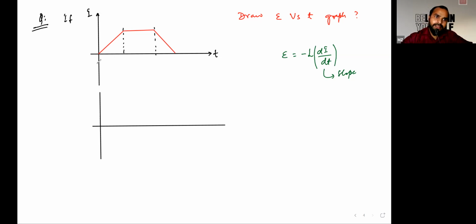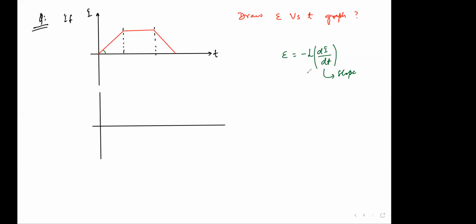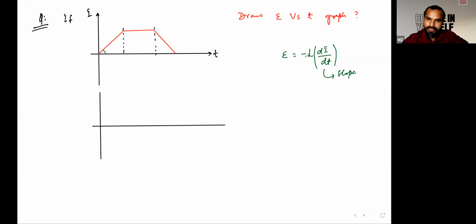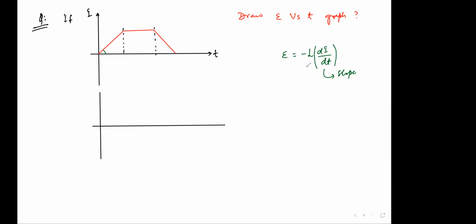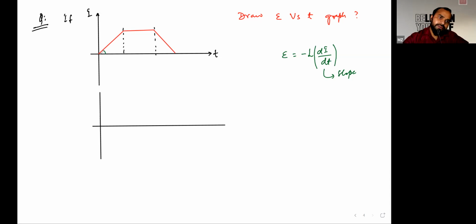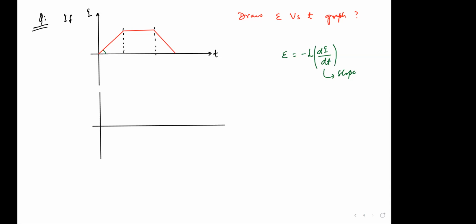Okay. So in the first part, slope of this particular straight line, whether it is positive, negative, or zero? Positive. So if you multiply negative sign with it, it will become negative or positive? Negative. Now just check this particular slope for this particular instant, whether it is constant or increasing or decreasing. Increasing.